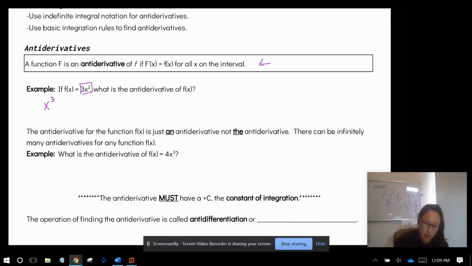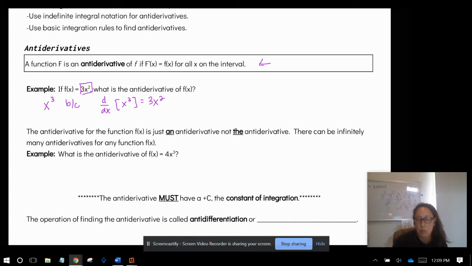So the derivative of x to the third power is 3x squared. So we can say that d/dx of x cubed is equal to 3x squared.